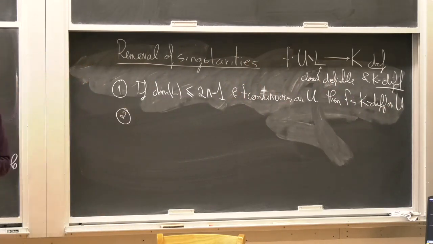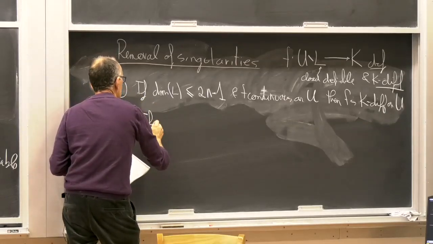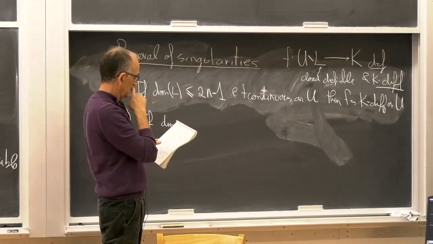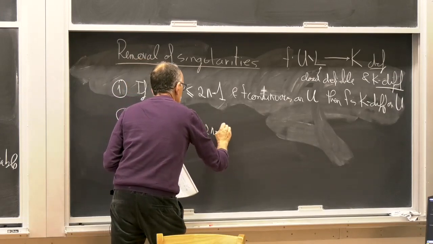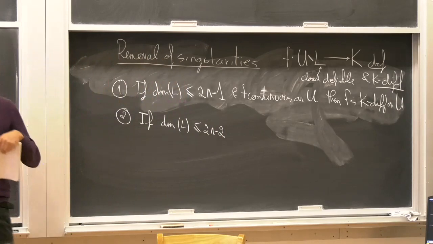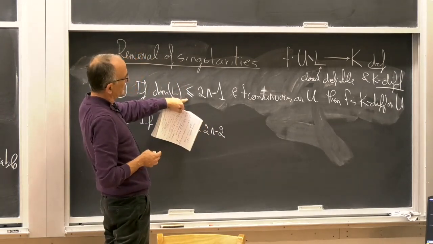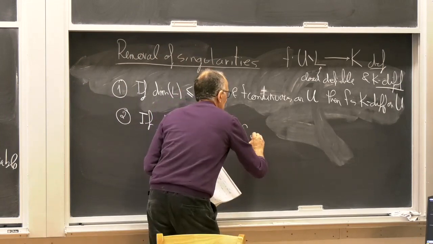Okay. If we allow L to have a smaller dimension, so it means the set where F is K analytic is bigger, and now we allow, of course this is true if F was continuous, but now we weaken this and just assume that F is bounded.